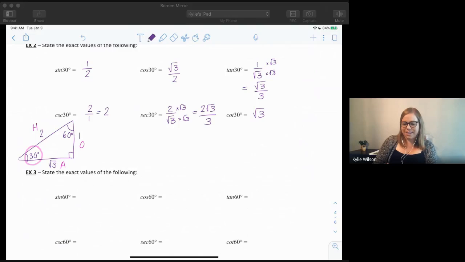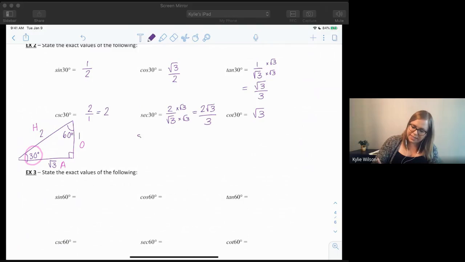So again, those are the magic values that you need to know. You can find them all from the triangle. So if you know that triangle, you can go through this process if you need to, but that is really what you need to know.